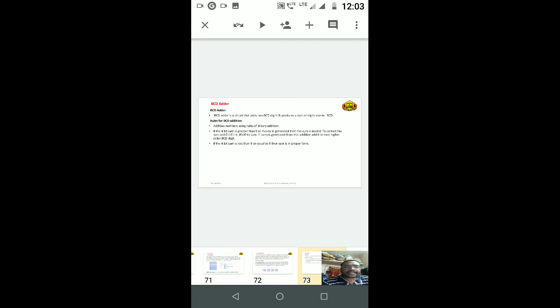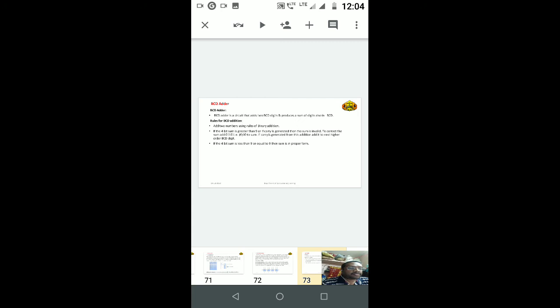What is the binary equivalent of 6? 0110. These 4 bits are added to the resulting sum where a carry is generated. If the carry is generated, you add the 6 into that result, and then you get the valid BCD result.